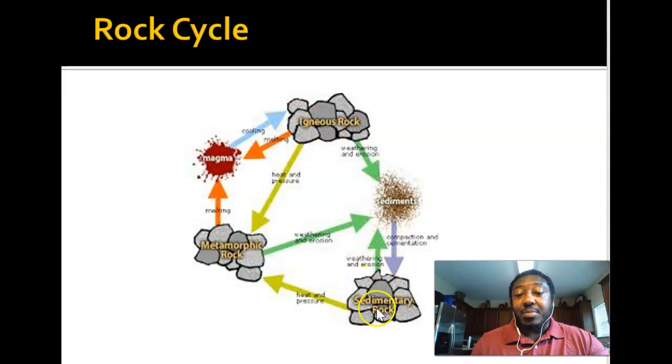Today our conversation is going to be about sedimentary rocks. Sedimentary rocks form from the compaction and cementation of sediments. Those are the two processes that form sedimentary rocks, compaction and cementation. But we'll talk a little bit more about that in the lesson. So let's move on, shall we?